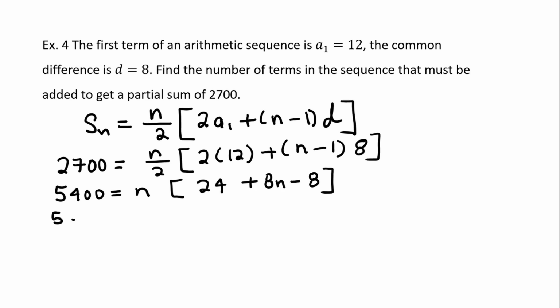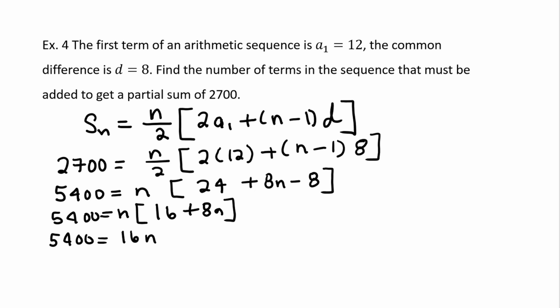Let's continue. 5,400 equals n times 24 minus 8 is 16 plus 8n. Let's distribute the other n. So we got 5,400 is equal to 16 times n plus 8n squared. Well, what do you know? We have a quadratic equation. Let's set that equal to 0.